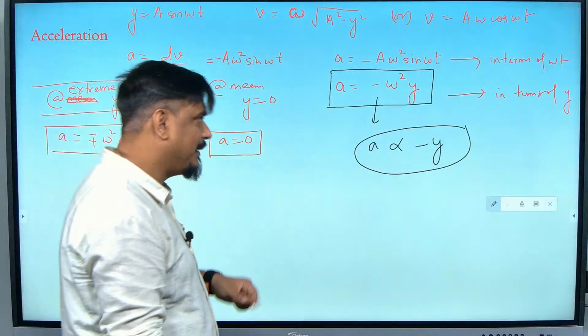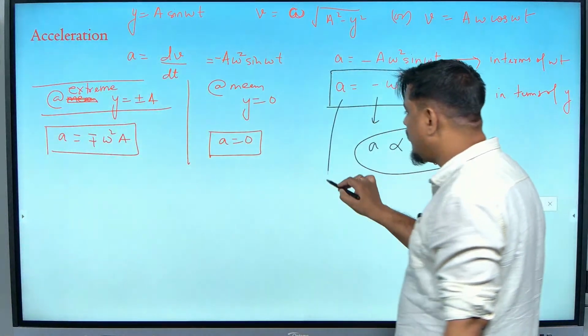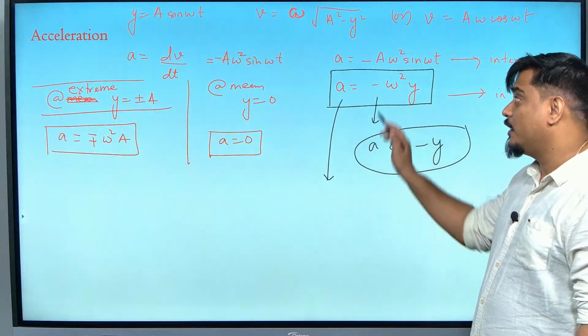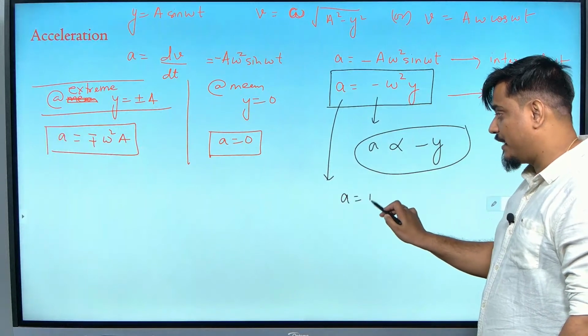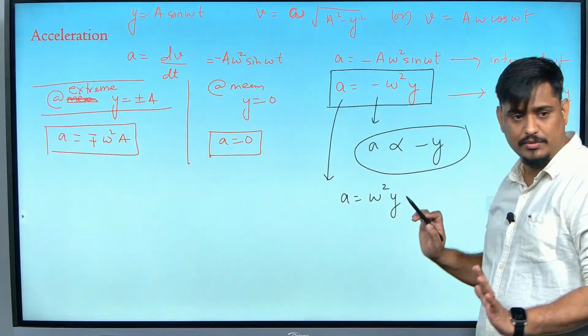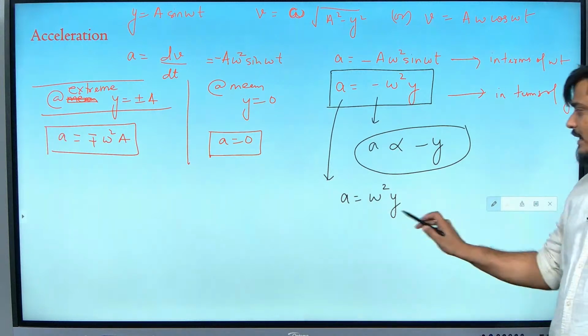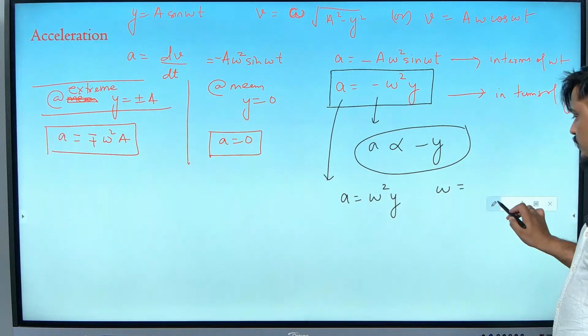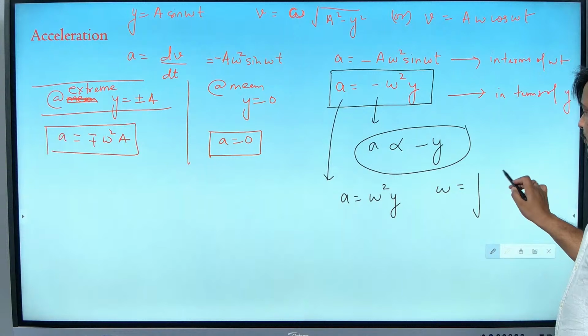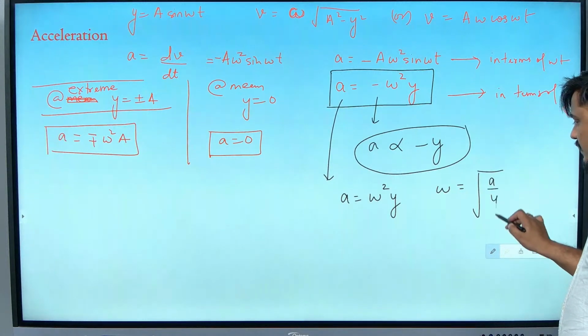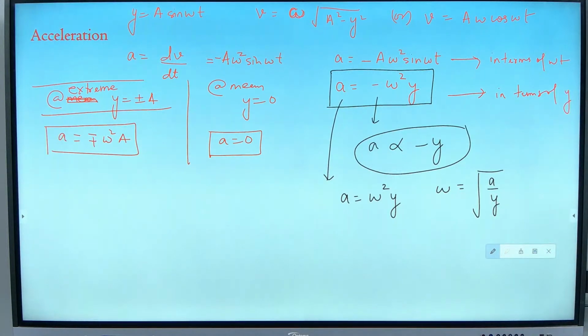Another important thing, please pay attention. I can write from here the magnitude of acceleration, omega square y, only the magnitude. From here I can write omega is equal to root of acceleration by displacement.